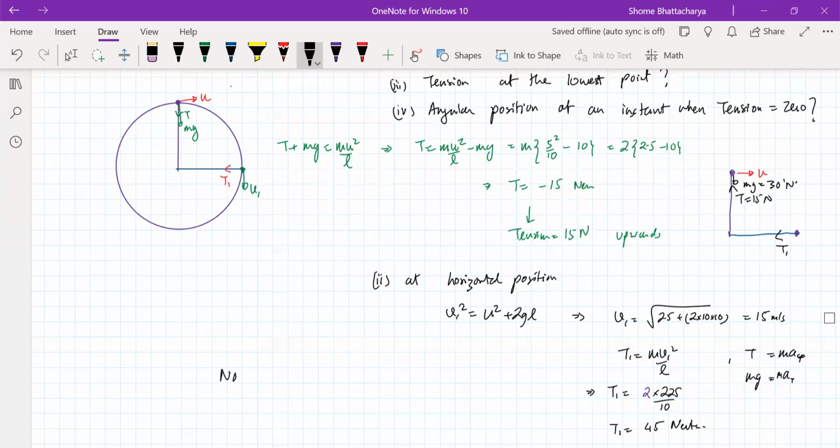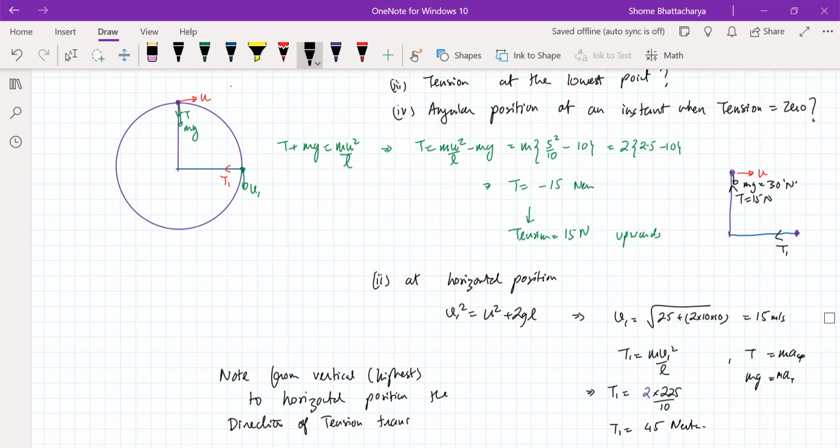From the vertical highest position to the horizontal position, the direction of tension transitions from radially outwards to radially inwards.